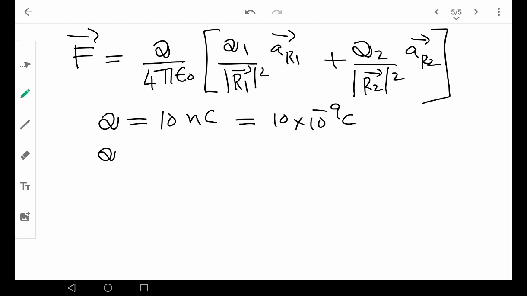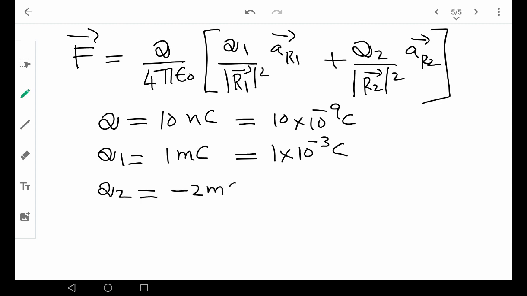And you have Q1 equal to 1 millicoulomb, 1 into 10 raised to minus 3 coulomb. And you have Q2 equal to minus 2 millicoulomb, minus 2 into 10 raised to minus 3 coulomb. So these are the things, right? Now what is R1?